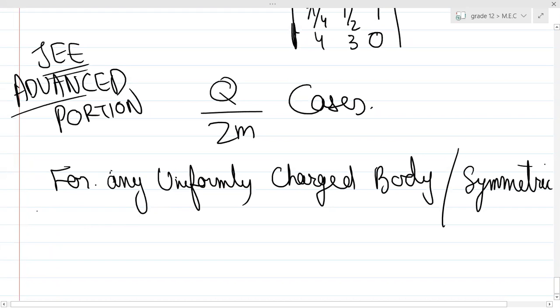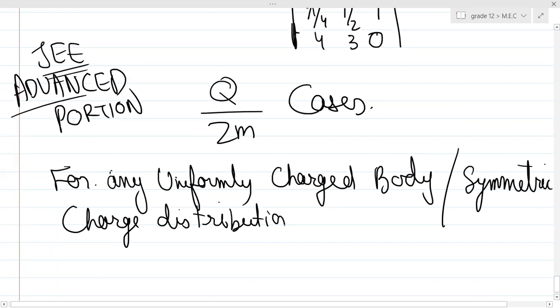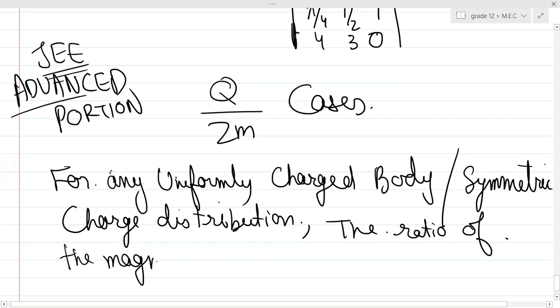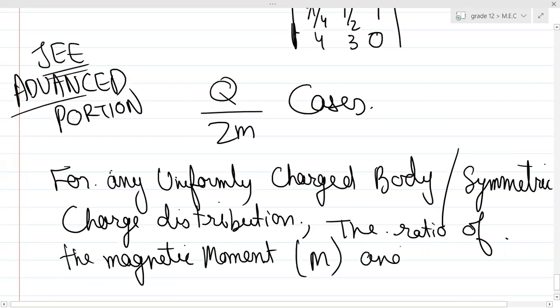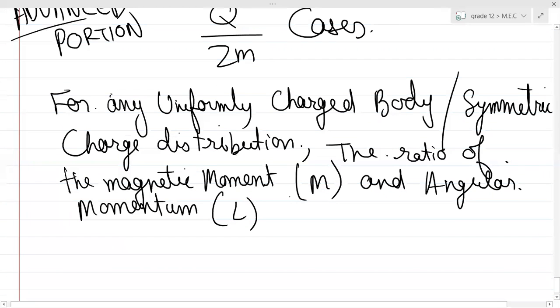For any uniformly charged body or symmetric charge distribution, the ratio of the magnetic moment and angular momentum comes out to be equal to q by 2.